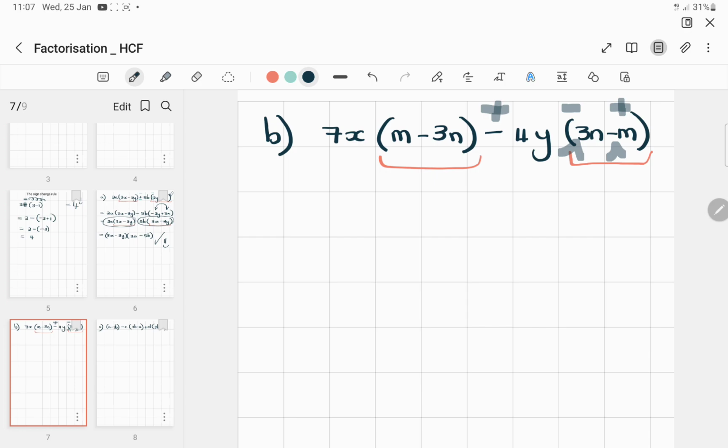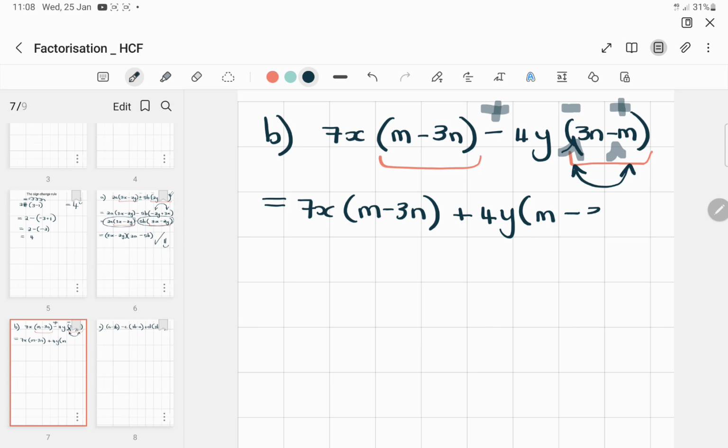All right, so let's do that. So I've got 7x(m minus 3n) plus 4y, and then I'm just going to swap them around as well so that the negative m becomes a positive m and the positive 3n becomes a negative 3n.